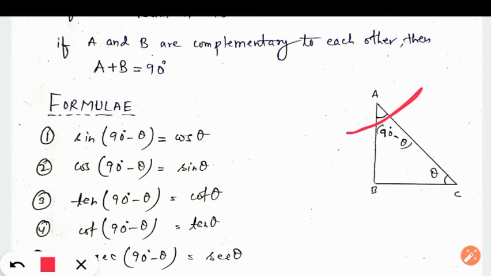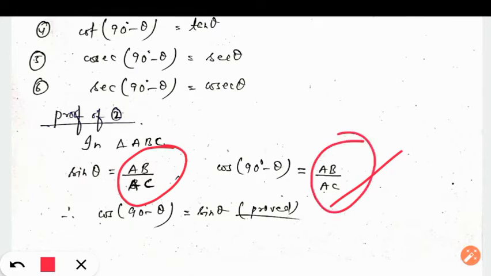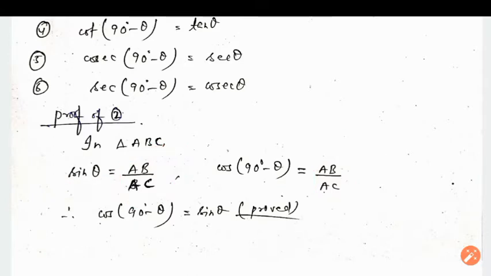With respect to that angle, this becomes the base and this becomes the hypotenuse. So cos is base by hypotenuse, that means AB by AC. So cos of 90 degrees minus theta gives AB by AC. Sin theta is AB by AC and cos 90 degrees minus theta is AB by AC. That means both are equal. Hence proved. With this concept you can prove the rest of the formulae.